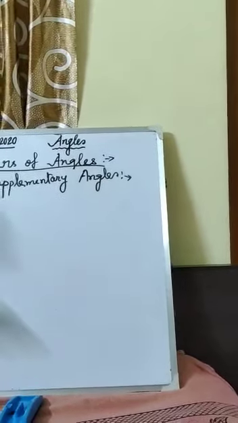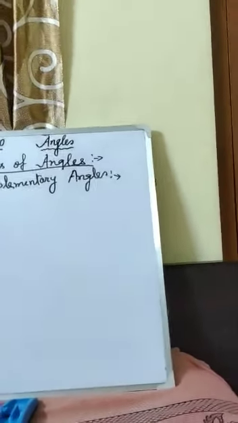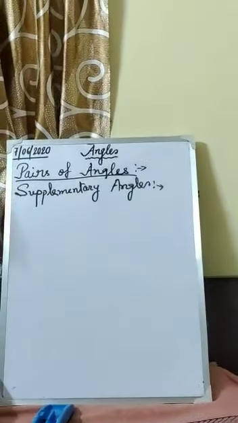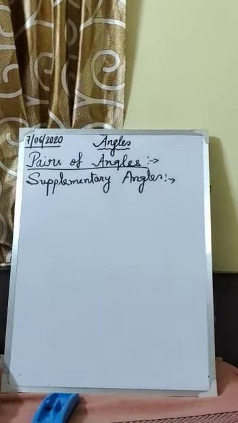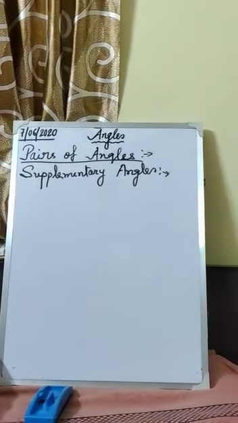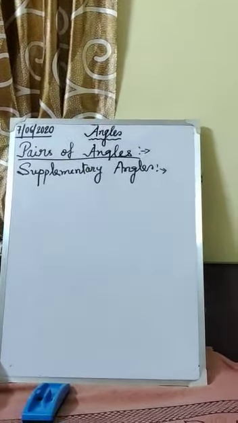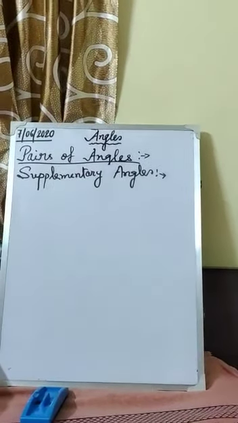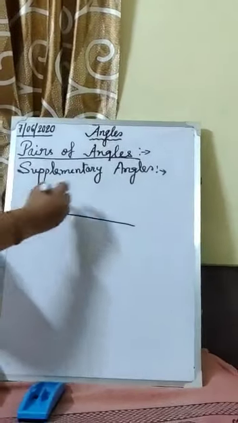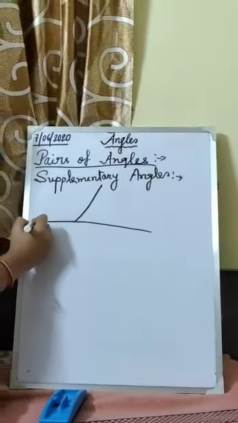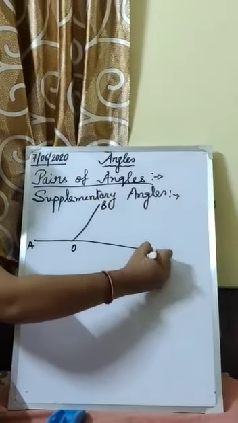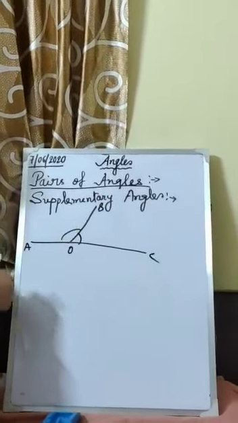Means in the previous, what we understood, when the sum of two angles is 90 degree, then it is known as complement of each other. Here the sum of two angles is 180 degree, and you can say supplementary angle or supplement of each other. This is the angle, suppose. Name of the angle, suppose A, O, B and C. So this is an angle, this is an angle.